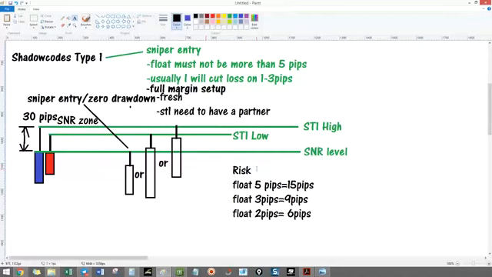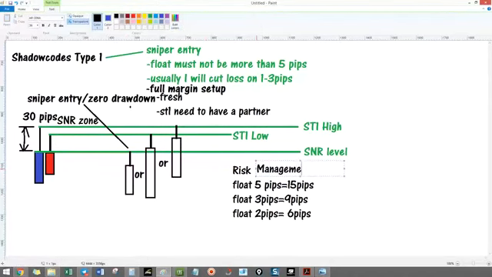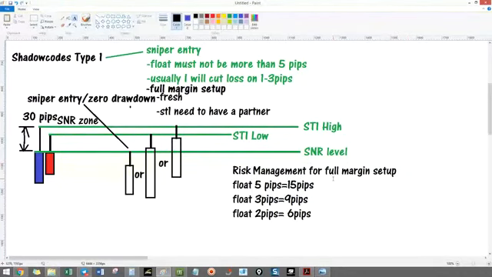So this is risk management for full margin setup. For full margin setup, you cannot float. It is forbidden to float when using full margin.